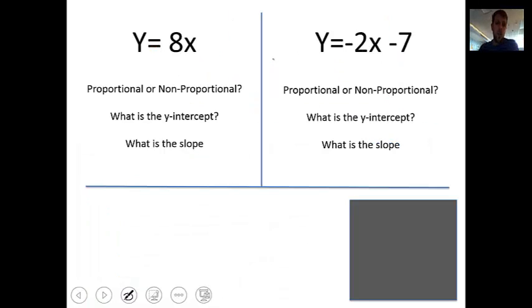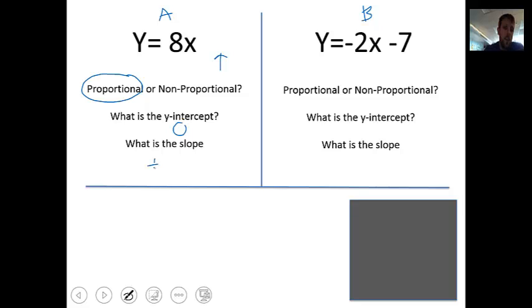All right, so I have two examples. I want to know if this first one is proportional or non-proportional. So it will be proportional. What is the y-intercept? Well, we have already said that the y-intercept is that thing right there. So it's going to be at 0. What is the slope?